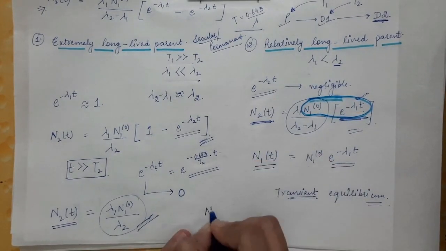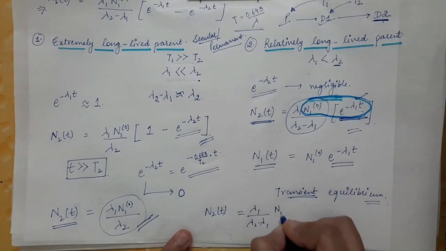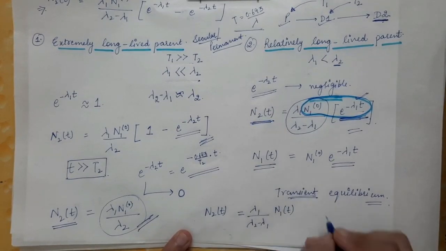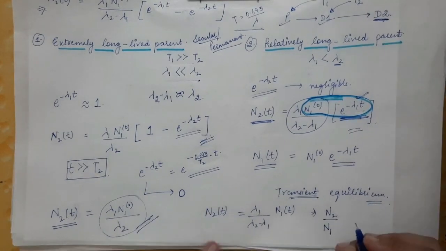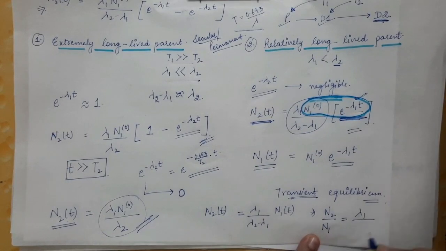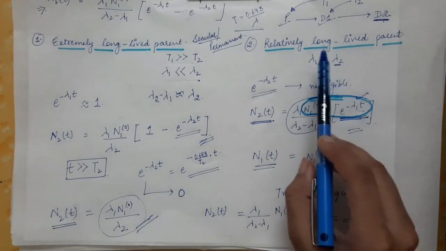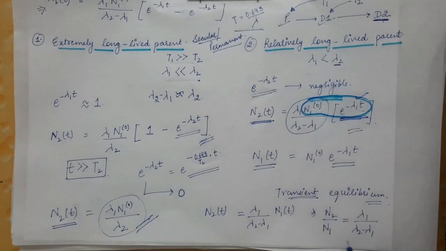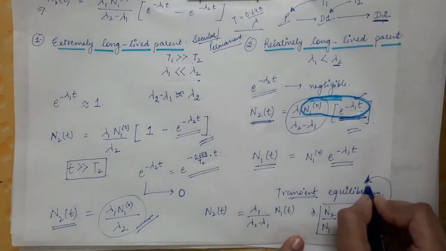On the left-hand side you have N2 t, which is equal to lambda 1 over lambda 2 minus lambda 1, which is constant, into N1 t. So this implies that the ratio of N2 over N1 at any time t is constant. The ratio of the number of daughter nuclide to parent nuclide at any time t is constant for the case when the parent is relatively long-lived, and this condition is called transient equilibrium.